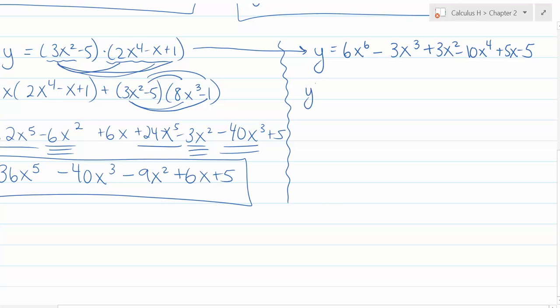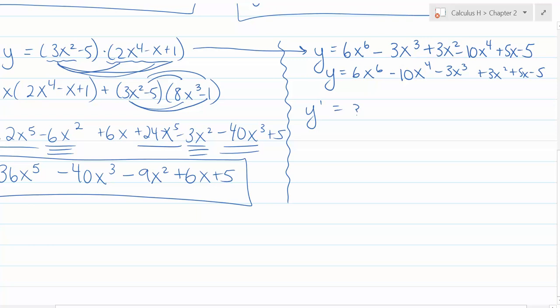All right. Power rule, y prime would equal, before I do that, let's see if I can rewrite this so that it's a little bit cleaner. So it's 6x to the 6, and then I'm going to put minus 10x to the fourth, minus 3x to the third, plus 3x squared, plus 5x minus 5, just so that the powers are in order.